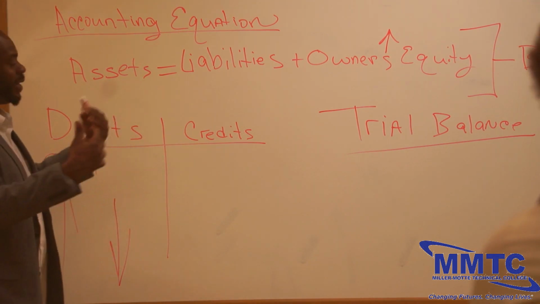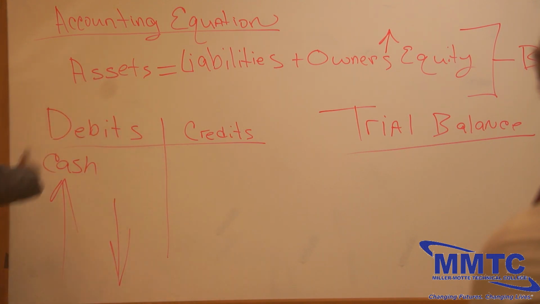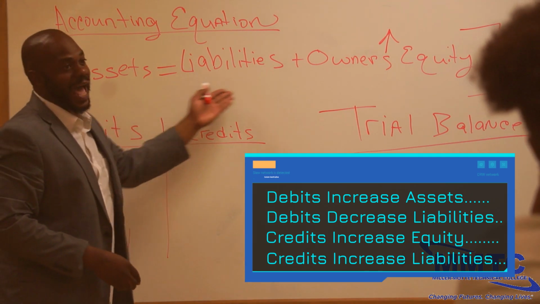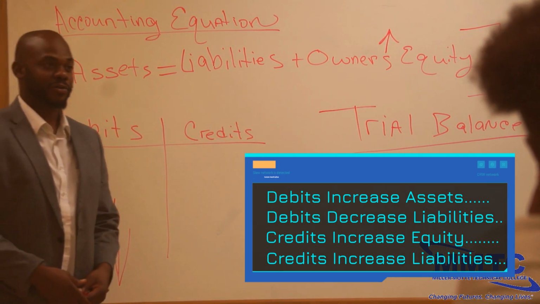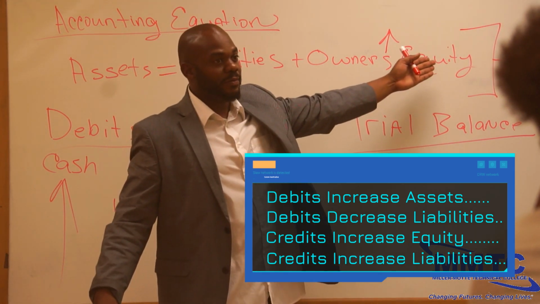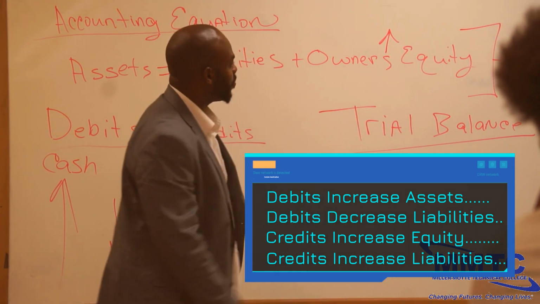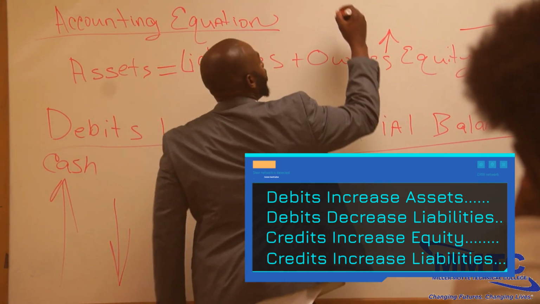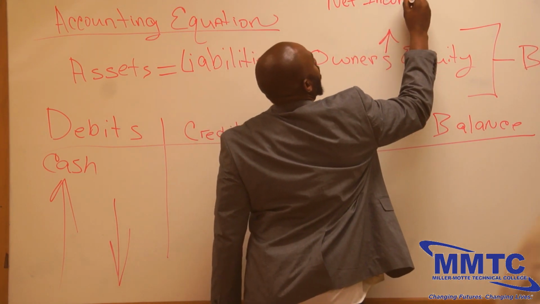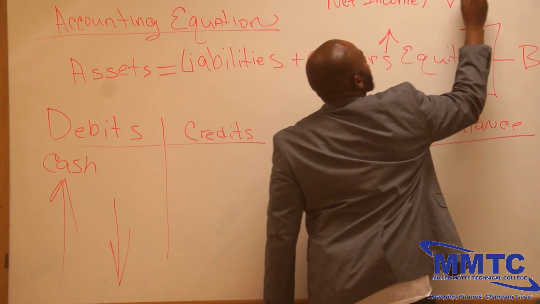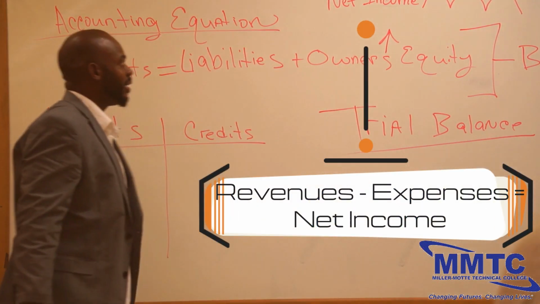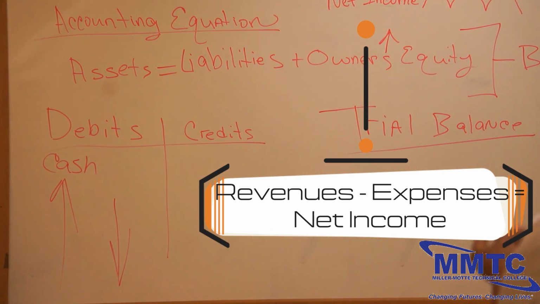Assets are things that the company owns. Liabilities are things I am liable for, my bills. Equity is what I'm worth. So owner's equity is essentially net income. Remember, net income rolled over from year to year. Because net income is what I'm actually worth.